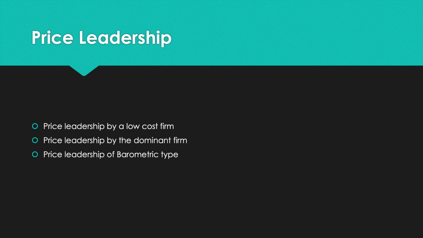So the firm with the highest market share will assume the role of price leader. And the last one is price leadership of barometric type. So in a situation where both the firms are equally large and dominant, and a single firm cannot be found out, the one firm with the most experience, the most respected and the oldest firm will be given the title of price leader. So that is what barometric type means.